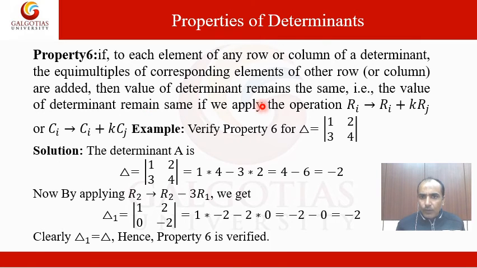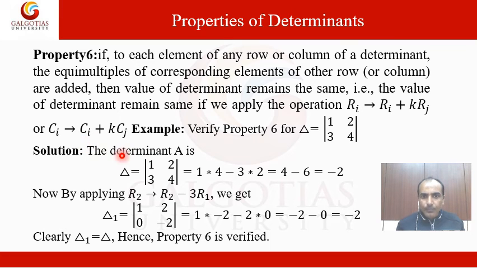Means the value of the determinant remains the same if we apply the operation R_i equal to R_i plus k times R_j, or C_i equal to C_i plus k times C_j. Means if we apply the operation in any row or column by adding a multiple of another row or column, then the value of the determinant is unchanged.